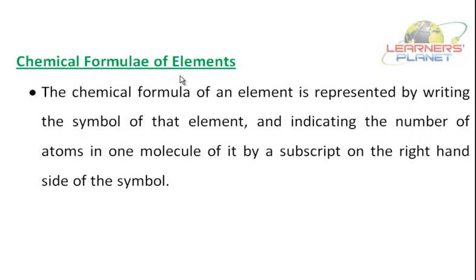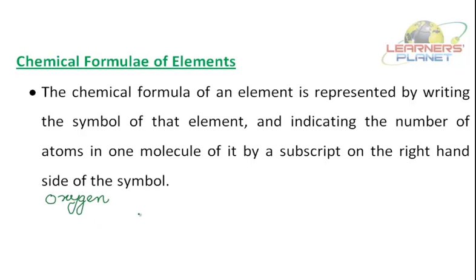Chemical formulae of elements. The chemical formula of an element is represented by writing the symbol of that element and indicating the number of atoms in one molecule of it by a subscript on the right hand side of the symbol. I'll simplify it. Let's write the formula of oxygen.